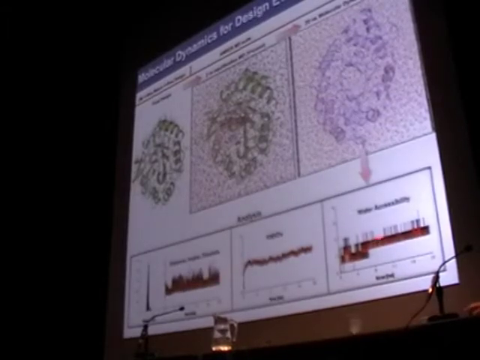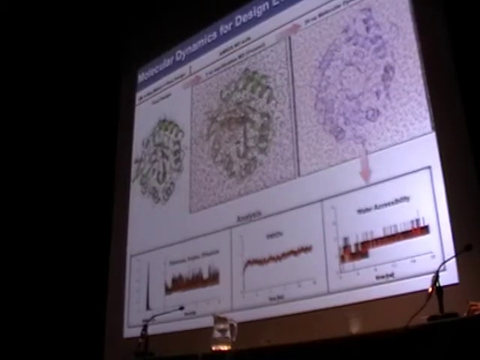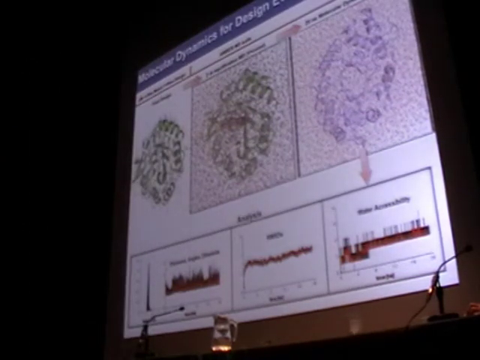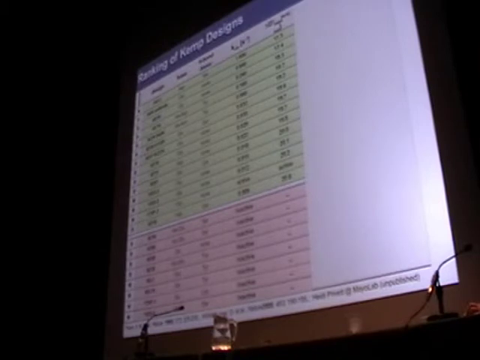For example, we look for water accessibility, for the deviation of ideal distances from those that are in the designs, and so forth. And here's an evaluation, far too much data, but I just want to point out that these molecular dynamics do seem to be capable of differentiating active designs from inactive, at least of increasing the odds we'll get active designs.